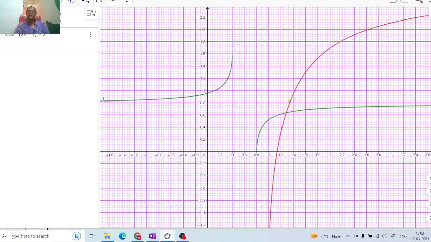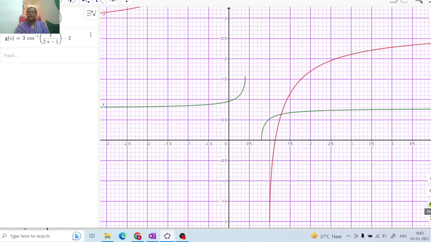This red colored curve corresponds to the new function that we have written. See, I'm reducing the scale.